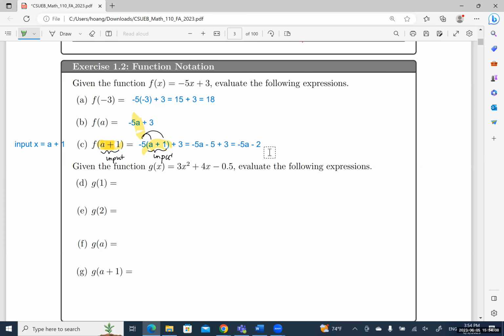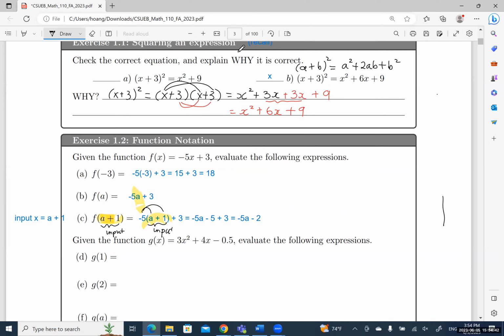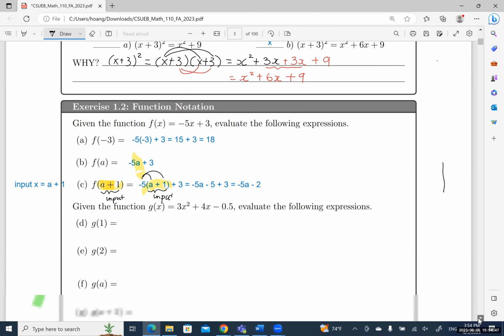Keep in mind that we are having x squared there, so when you change the input as a group, for example like a plus 1, you're going to get (a plus 1) squared, and you will have to use the information from squaring an expression here to handle that.